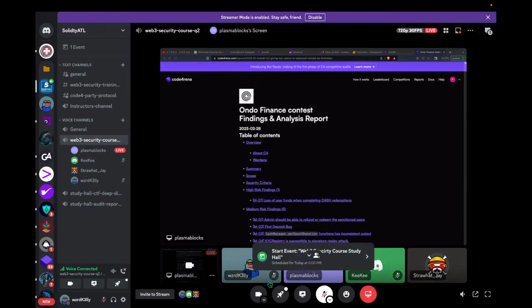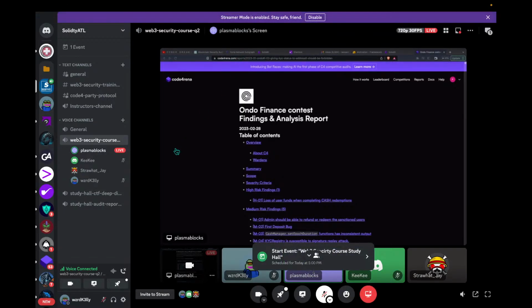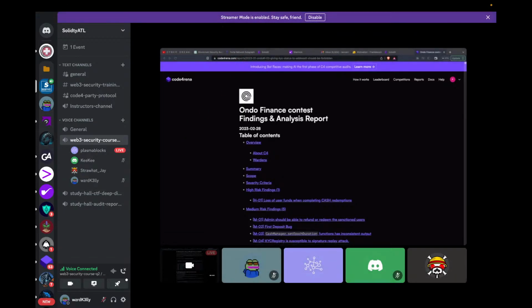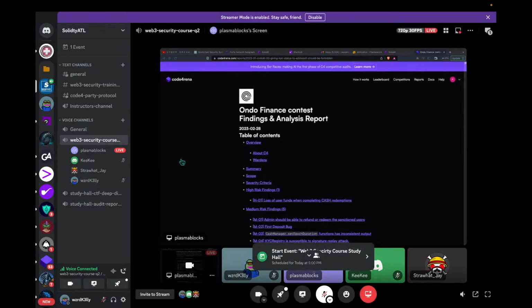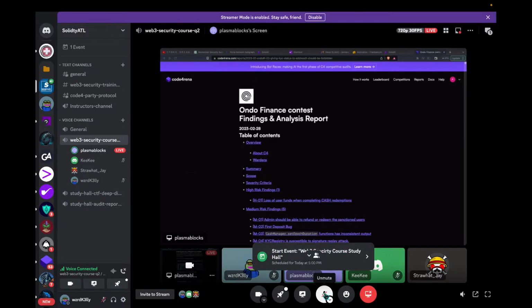But sometimes I also read audit reports when I'm looking for a specific pattern. If I'm doing an audit and I see something and I haven't tried to attack that in the past, I'll try and look for past audit reports that have used that similar code before, see if there's a way to exploit it.